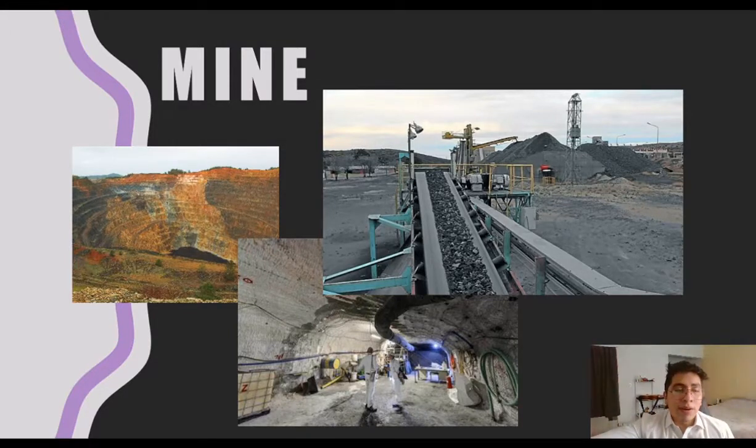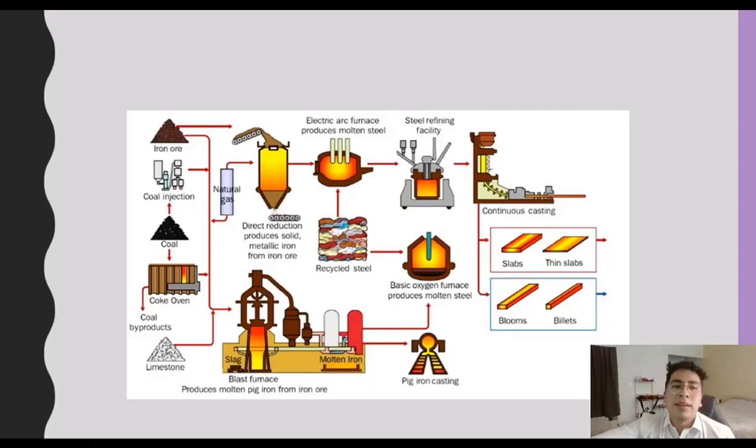Well, we will continue. We transfer all the iron materials to the factory. In the first step, we put all the materials, in this case the iron and coal, and sometimes we use lime, in the furnace to obtain the pig iron.